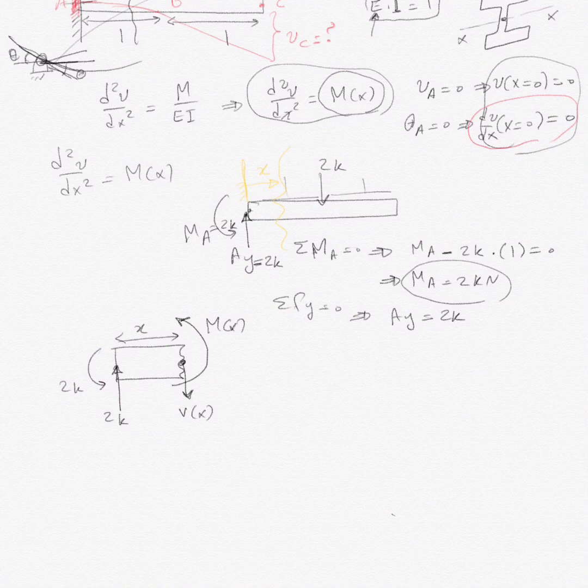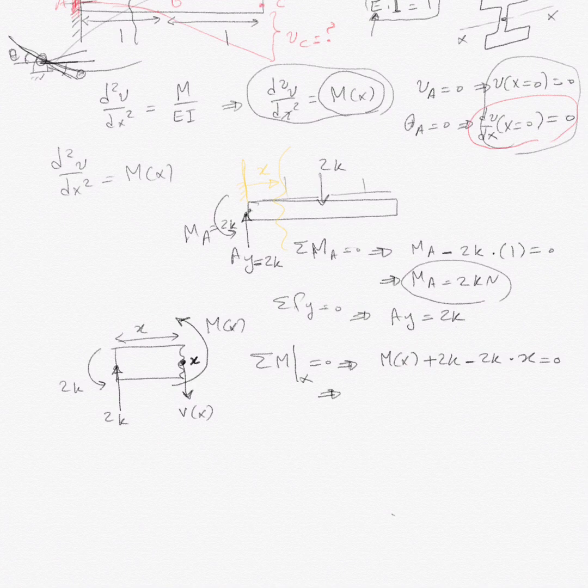So if I write my moment equation, summation of moment about point x, and this is my point x right here, is equal to 0, I get Mx positive plus 2k negative 2k times x is equal to 0.